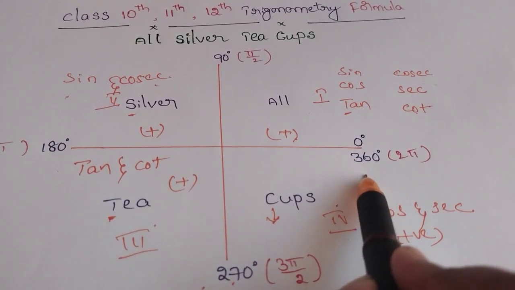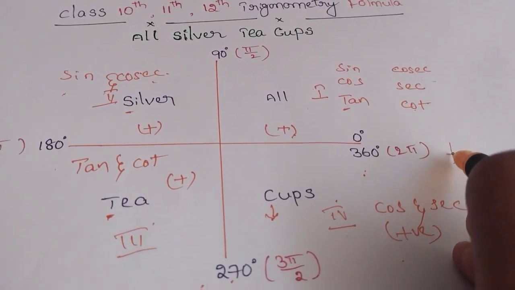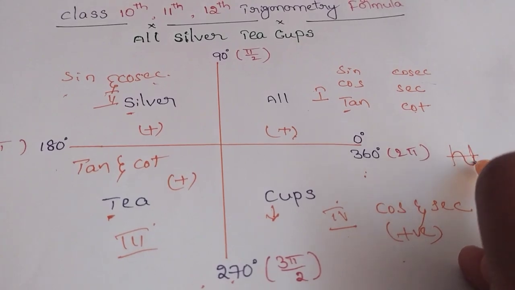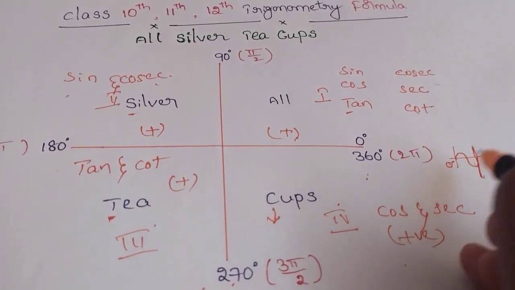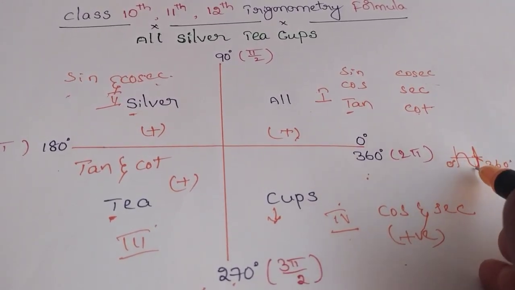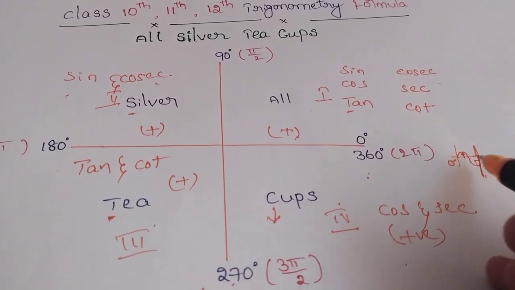Up to 360 means one cycle completed. So for these trigonometric functions, one cycle completed means 360 degrees. It starts from 0 degrees and completes at 360 degrees. This is the complete cycle.